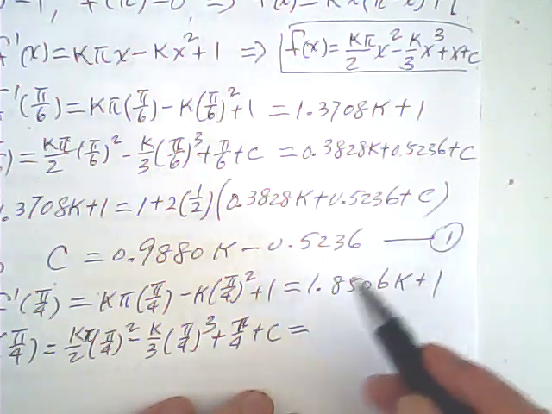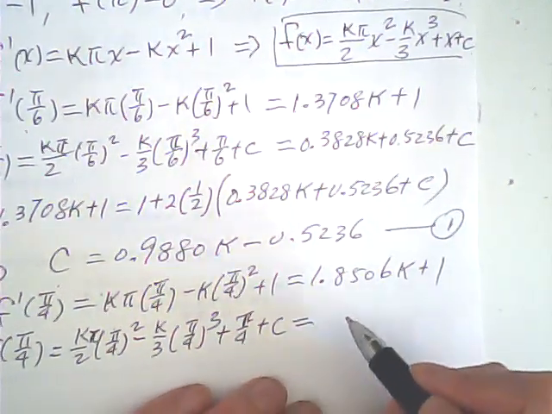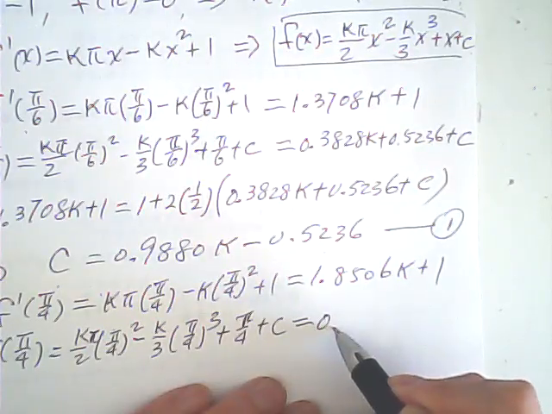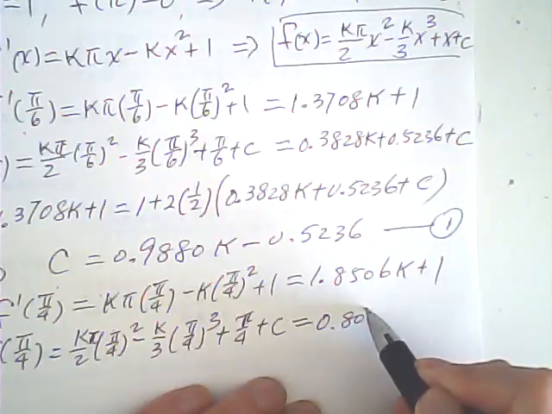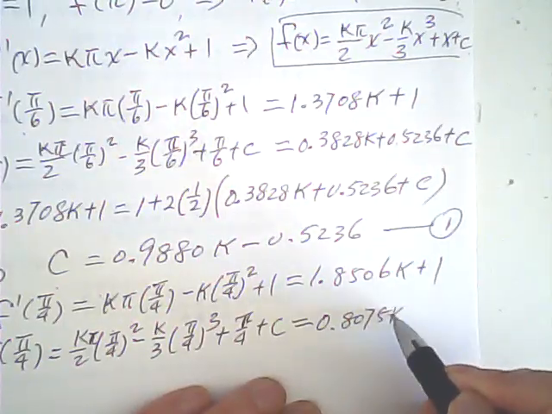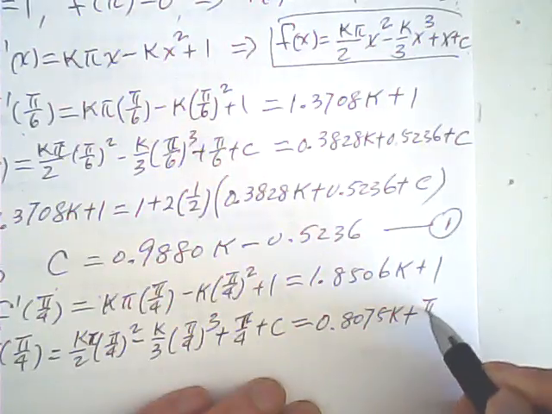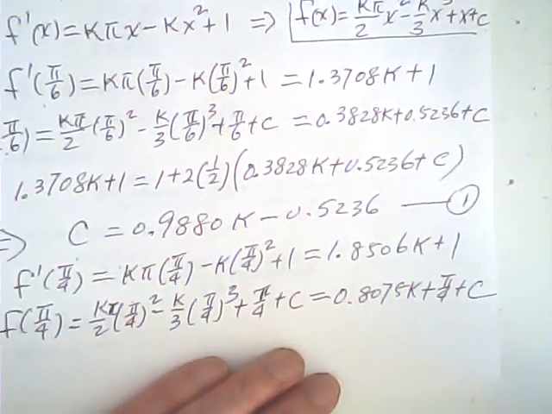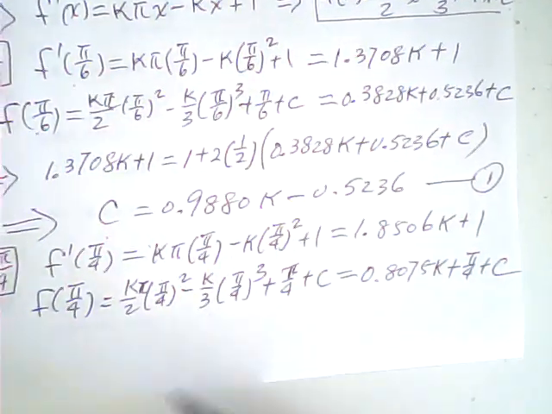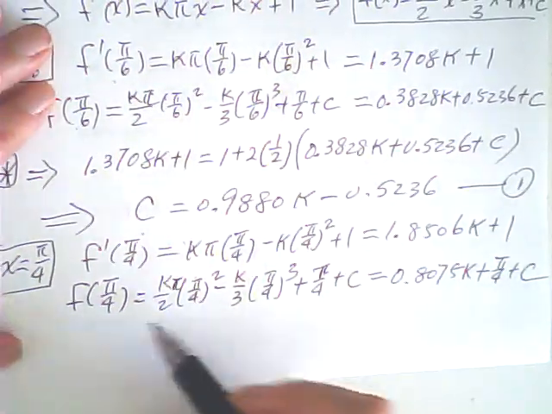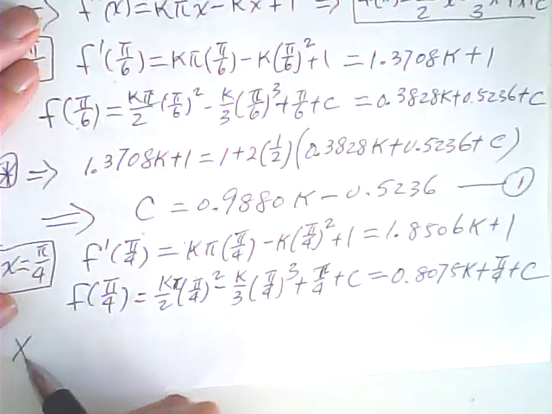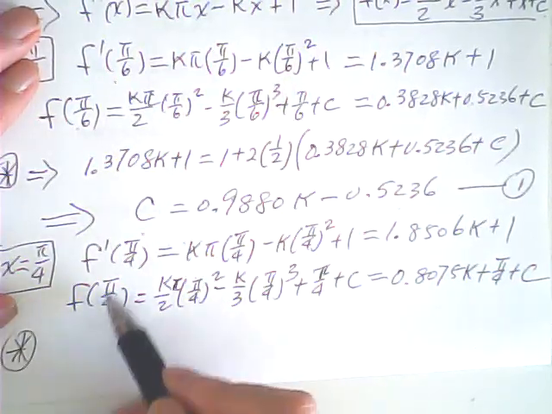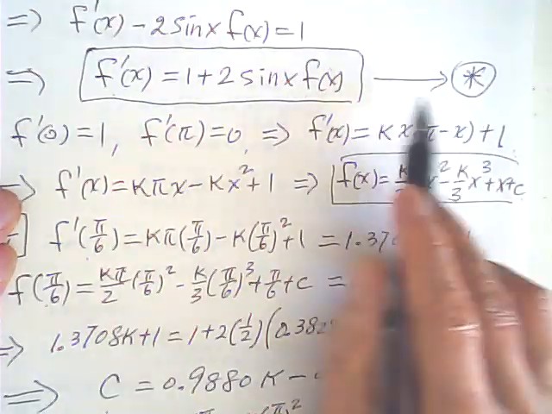After tedious calculations, this is 0.8075 k plus quarter pi plus c. It's nothing but calculations. And then we plug these two into our star equation.